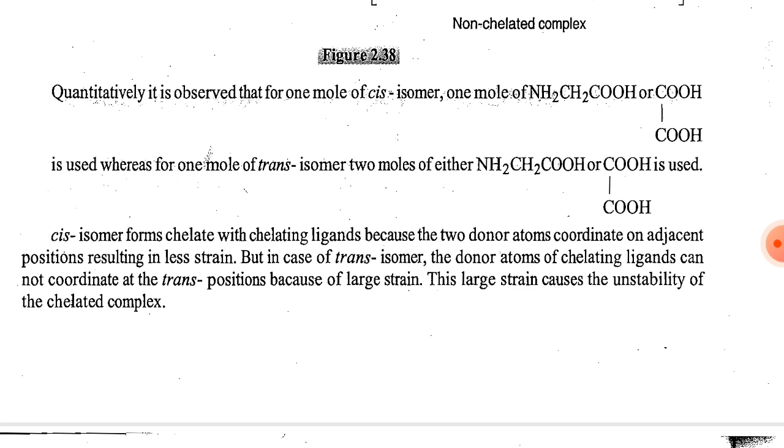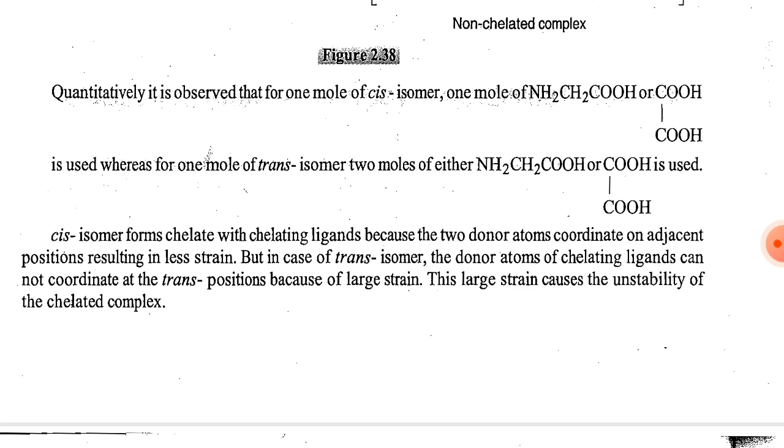But for 1 mole of the trans isomer, 2 moles of glycine or 2 moles of oxalic acid are used.